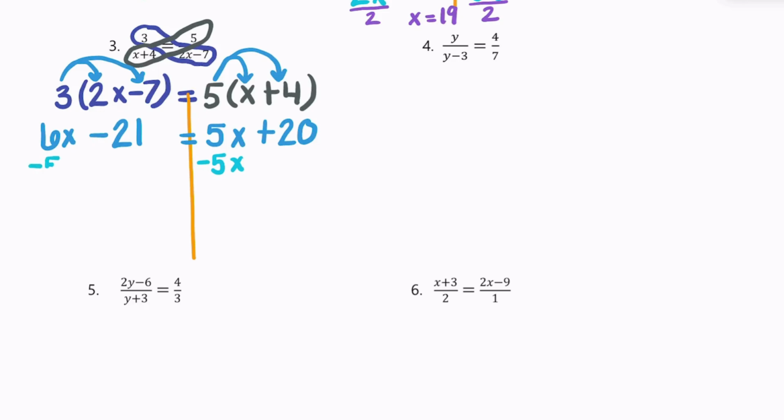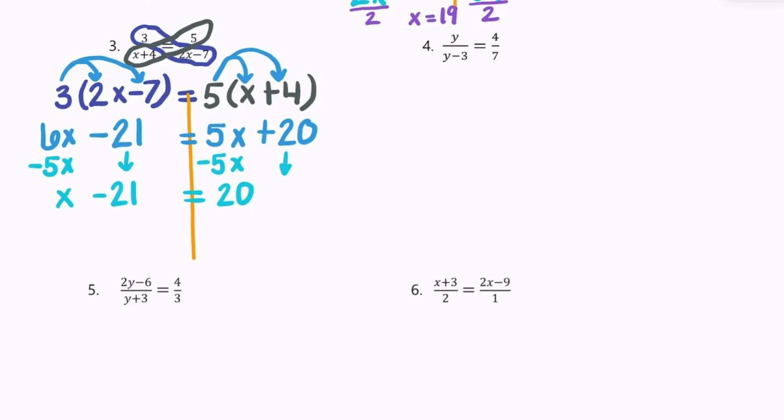I'm going to make sure I align it with the other x term. 6x minus 5x leaves us with 1x, which I can just write as x. I'm going to draw an arrow down to make sure I move down that minus 21. Draw an arrow down to make sure I move down that 20.